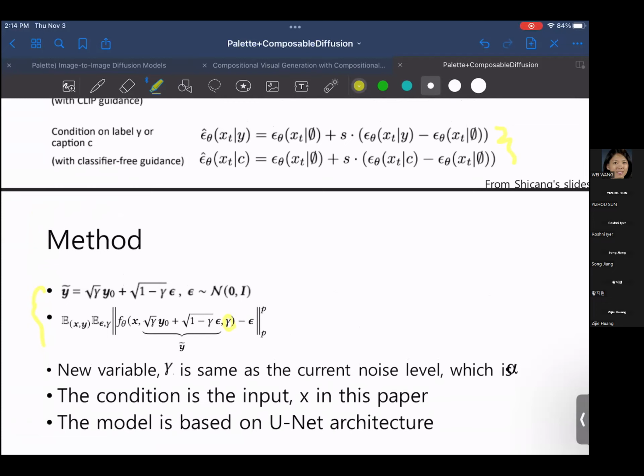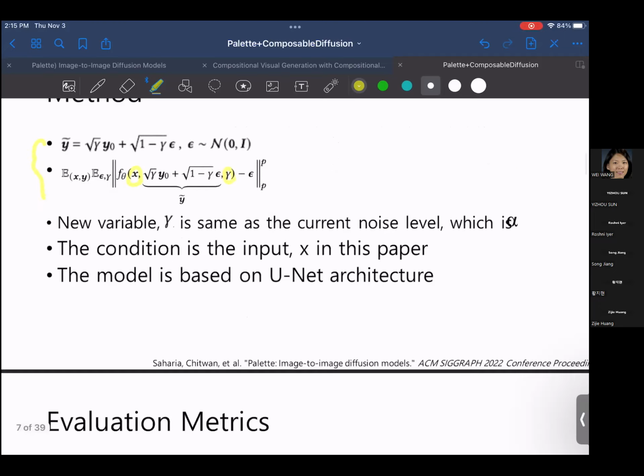And the condition is the input x, where we normally see it as text, which is given as input together with the input that we are trying to generate. And in terms of architecture, the model is based on the U-Net architecture, which is what most of the introduced diffusion papers were doing.